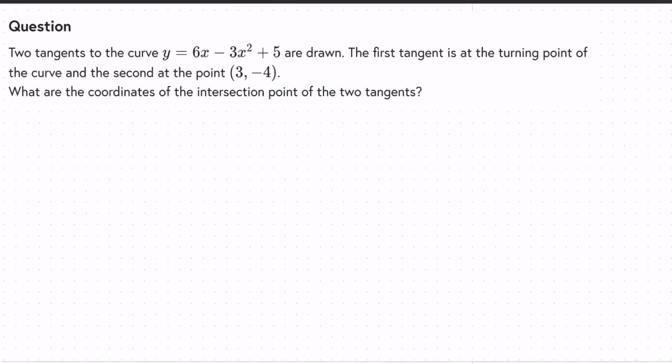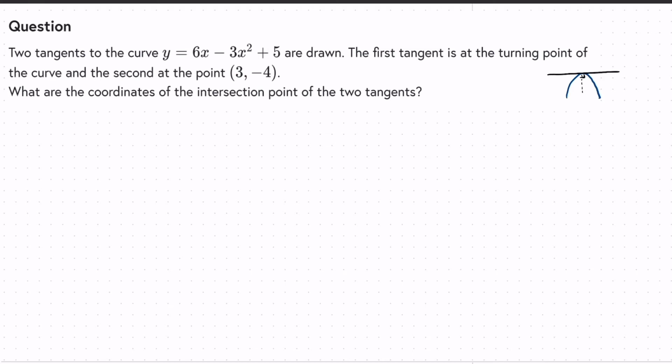Now in this next question, we're given a lot of information, and we're going to have to use this to answer the question, which is finding the intersection point of the two tangents. Firstly, let's have a look at what our graph might look like. Again, it's a negative parabola. One of these tangents is at the turning point, which means it's here. If I drop a line, it's meeting at a right angle.